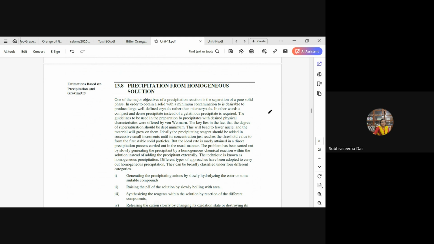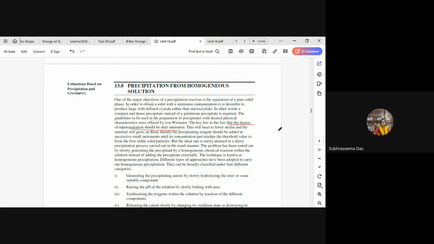There are certain guidelines to be followed to obtain a compact precipitate. The key lies in keeping the degree of saturation to a minimum. This will lead to fewer nuclei, and the material will grow on them. Ideally, the precipitating reagent should be added in small successive amounts until its concentration just reaches the saturation value.